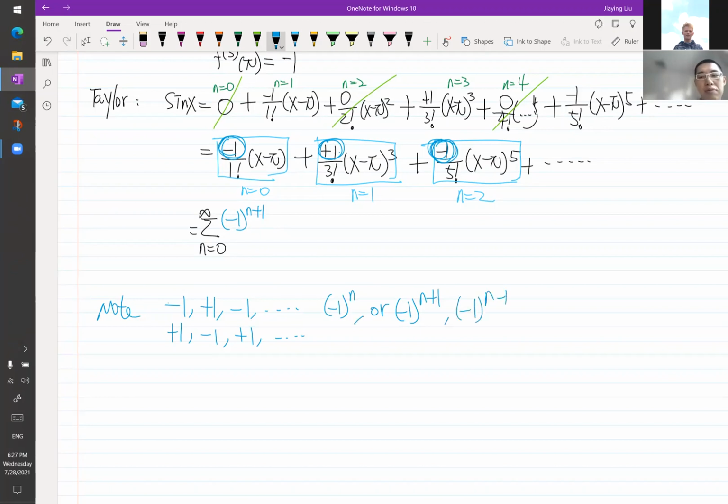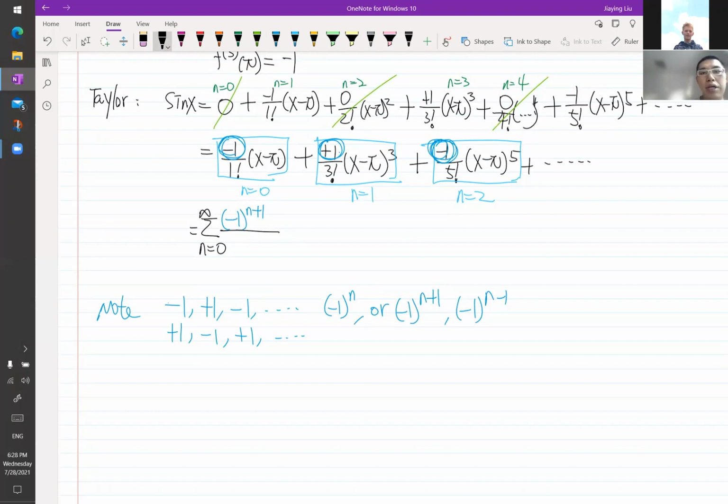So we're going to have to use one of those three in the sigma notation to represent the alternating of signs. You can try one of them, and then plug in n equals 0 or n equals 1 to see if it works. If it doesn't work, try the other one and check. Right, so that's +1 -1.